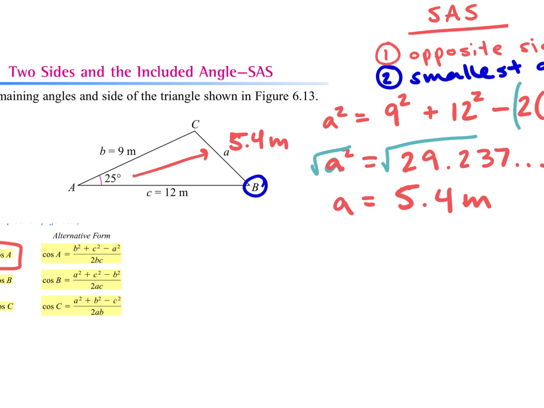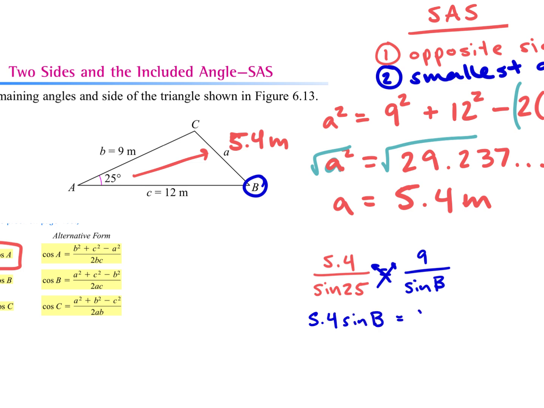So let's find B. And now that we have a pair, we can use our law of sines. So I'm going to set up my proportion with the A's. So I have 5.4 over sine of 25 is equal to 9 over sine of B. So we're going to cross multiply. 5.4 times sine of B is equal to 9 times sine of 25.